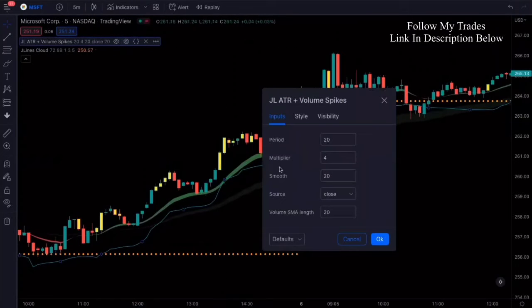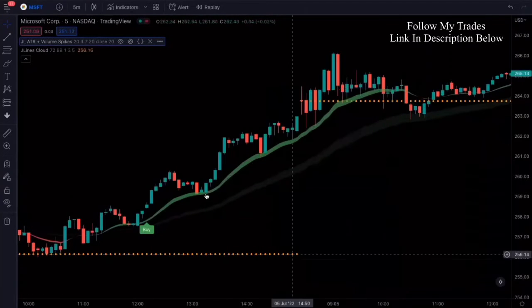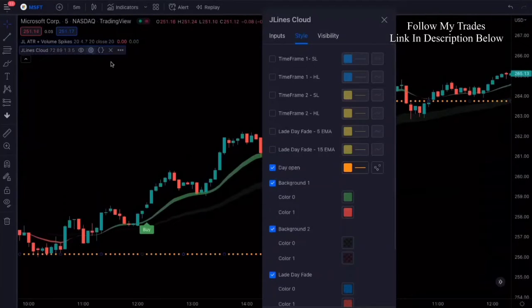First thing we're going to do is change the multiplier from 4 to 4.7. Okay. And then we're going to go into style, and we're going to uncheck the bar color and also the ATR. All right, click OK. Next thing, J-Lines Cloud, go into settings, uncheck background 2. We don't want this cloud, we only want this cloud. So uncheck background 2, that goes away, super clean, click OK.